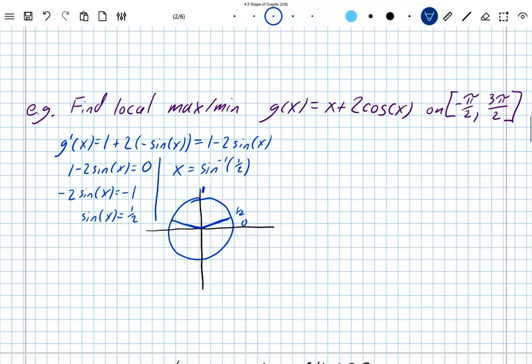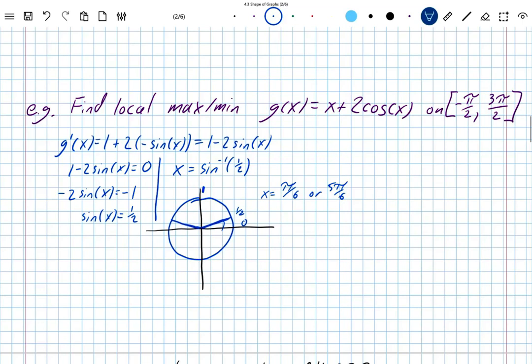Cosines are the x values as you go around. So it looks like this angle right here is what we want. So when x equals pi over 6, but also over here. So this value over here is, we're at pi, and so this would be pi minus pi over 6, which is 5 pi over 6. Let's do a quick check and say, are we in our interval?